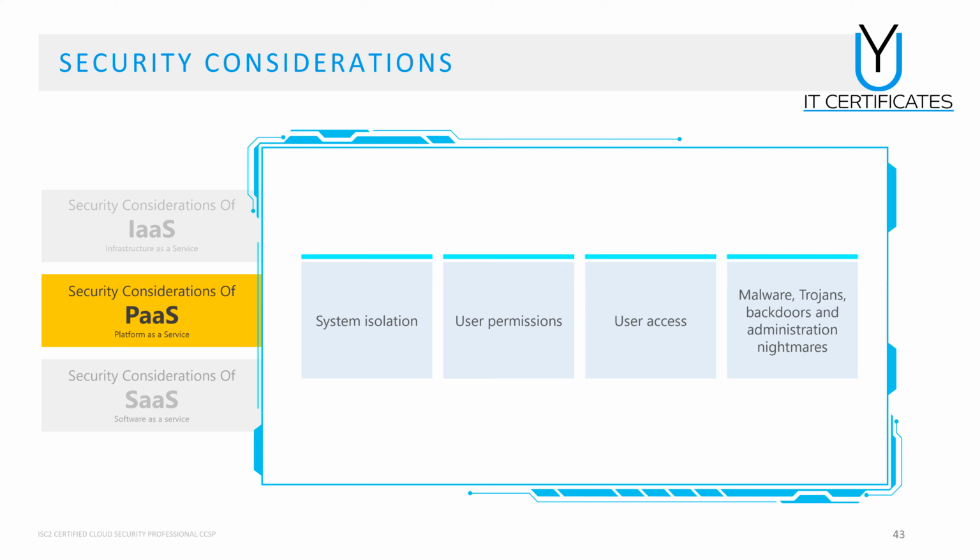Of course, here when you say user access, mainly we mean the access controls, as we defined a few minutes ago. The IAAA is the identification, authentication, authorization, and accounting. Finally, you have the malware, trojans, backdoors, and the administration nightmares.